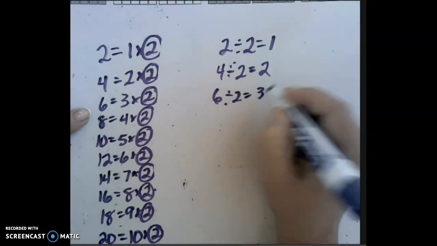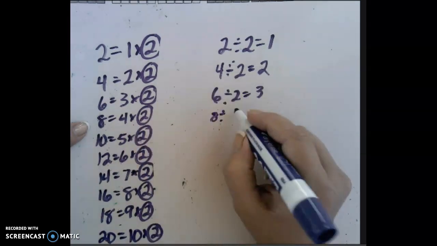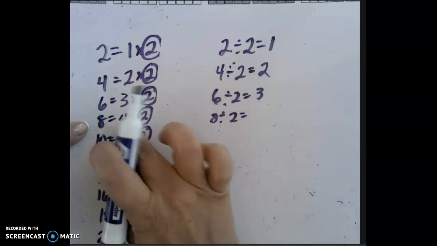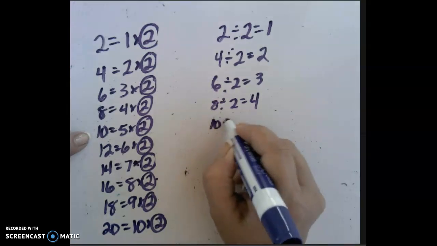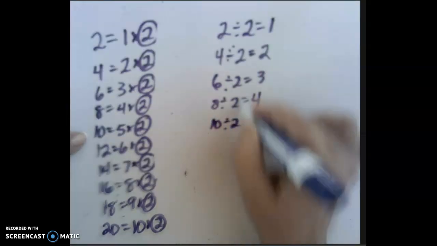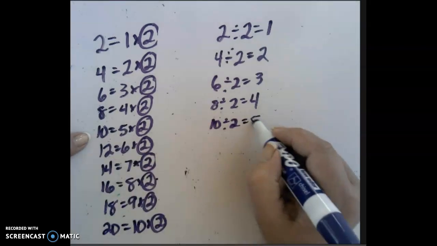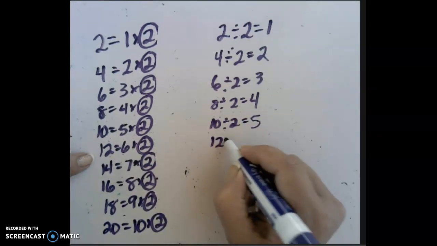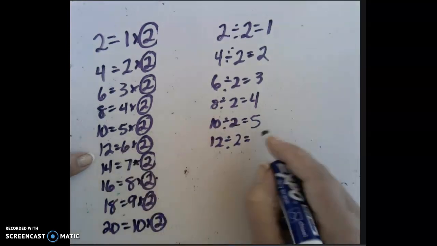This is a fact family, isn't it? 8 divided by the circled number 2 equals 4. I'm just doing turnarounds. 10 divided by 2, these are all going to be 2s down in the row, equals, there it is, 5. 12 divided by 2 equals 6.